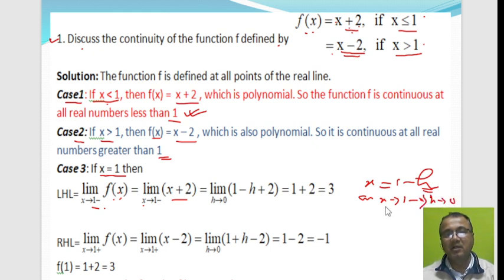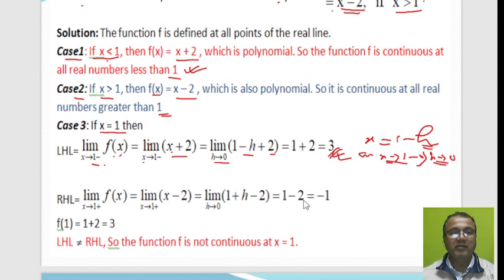So you can write the limit in place of x tends to 1 minus means h tends to 0 only, and x is replaced by 1 minus h, plus 2. Now I think you can evaluate these limits by replacing h equal to 0. What you'll observe here? The value will be 3 only. By replacing h equal to 0, we are getting left hand limit equal to 3.